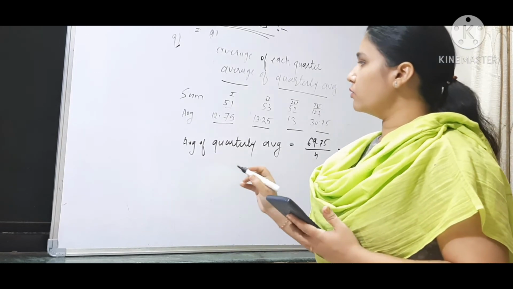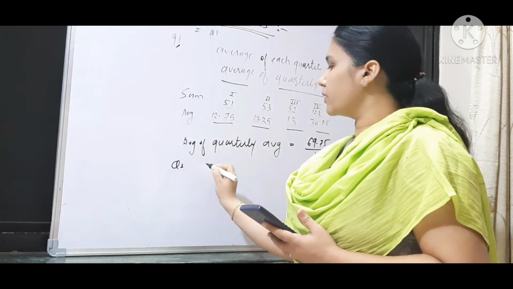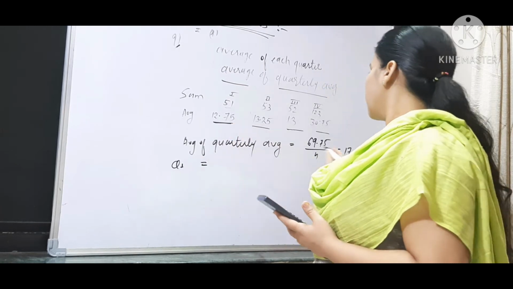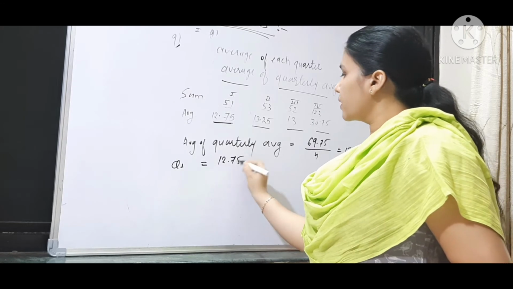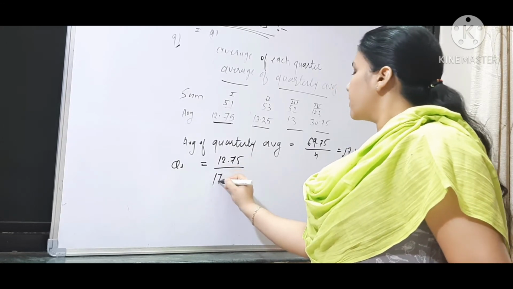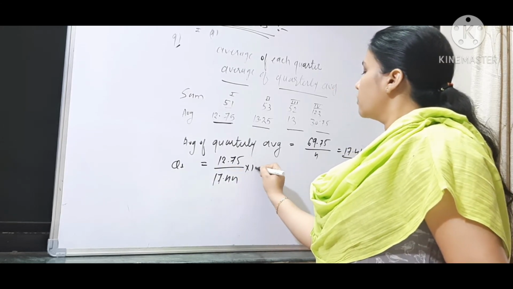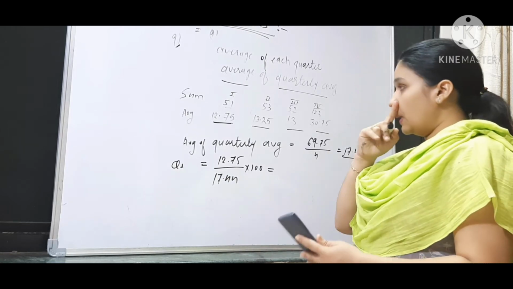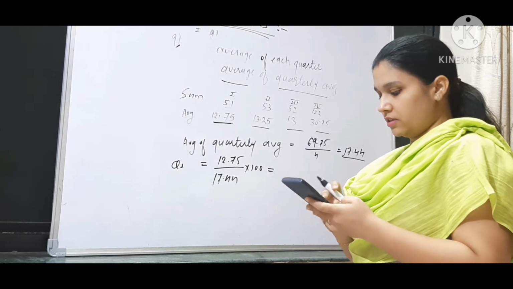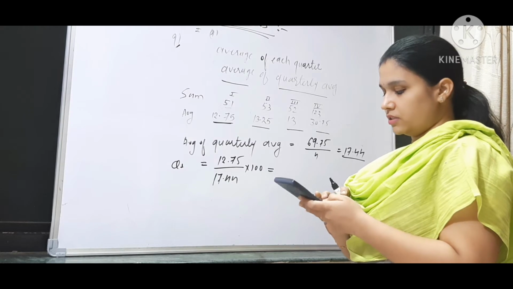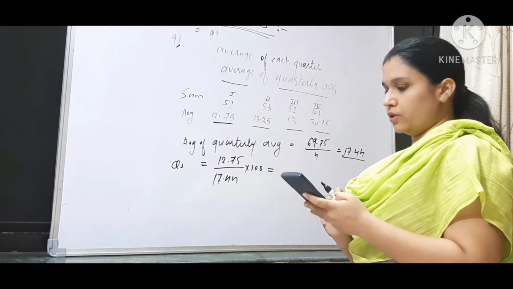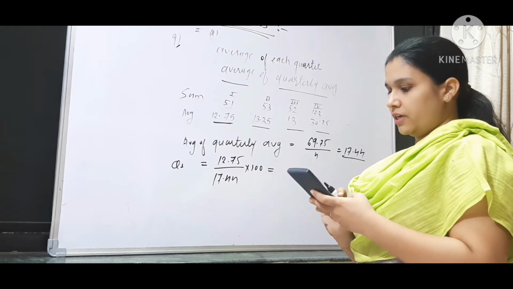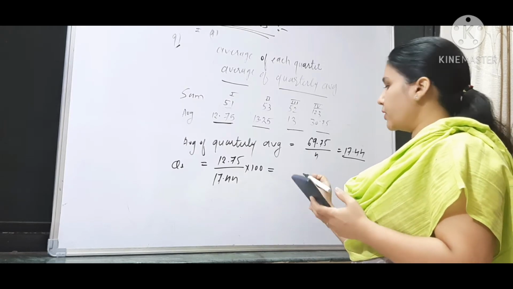Now what we have to do for quarter 1, for Q1, compare this value with this on 100%. Means write down this 12.75 divided by 17.44 into 100. So the seasonal index you will get is 12.75 divided by 17.44 into 100, 73.11.